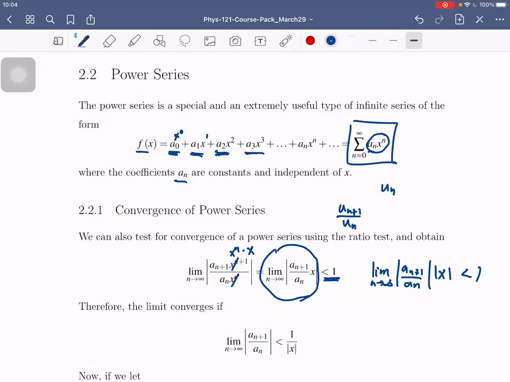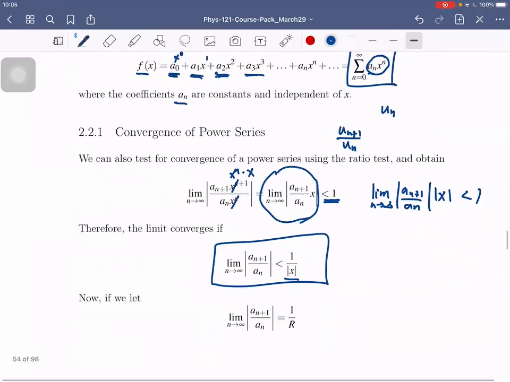So since wala namang dependence yung x sa n, as we have seen here, pwede natin ilipat sa kabila. So now, magkakaroon tayo ng ganitong expression. So ibig sabihin yan, kailangan less than 1 yung limit ng coefficients mo, less than 1 over absolute value of x. So dyan mo makikita kung ano yung magiging valid values ng x.